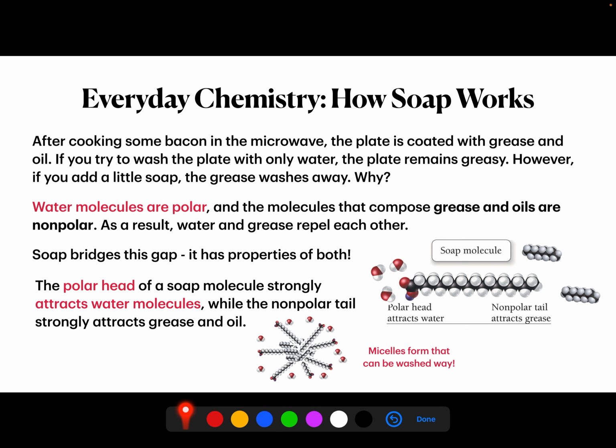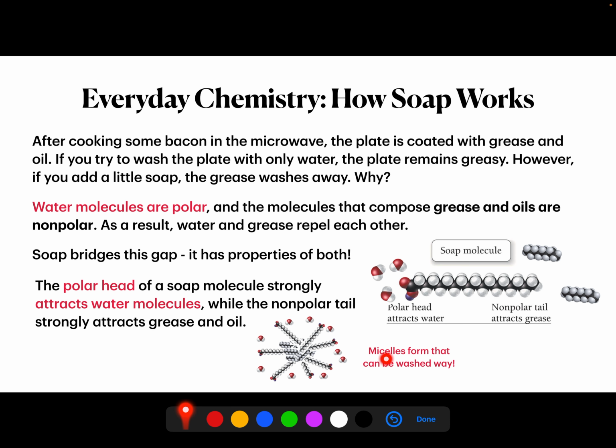In the micelles, the nonpolar tails combine and embed with the grease molecules, and the polar portions of the soap molecules all face outward and are surrounded by the water molecules, and that allows them to be washed away as you wash the surface of the plate.